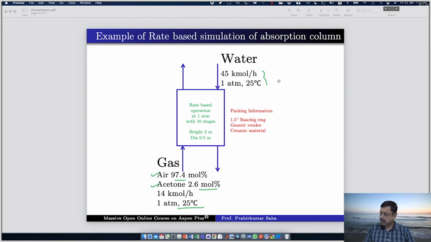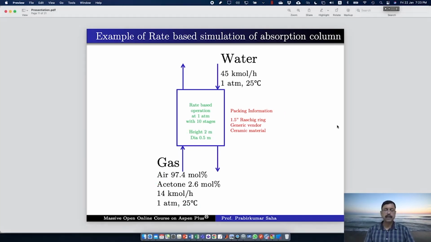Column is operating on rate based at 1 atmosphere pressure. It has 10 stages. Its height and diameter are given, 2 meter and 0.5 meter. There is some packing information: 1.5 inch Raschig ring, generic vendor, ceramic material.